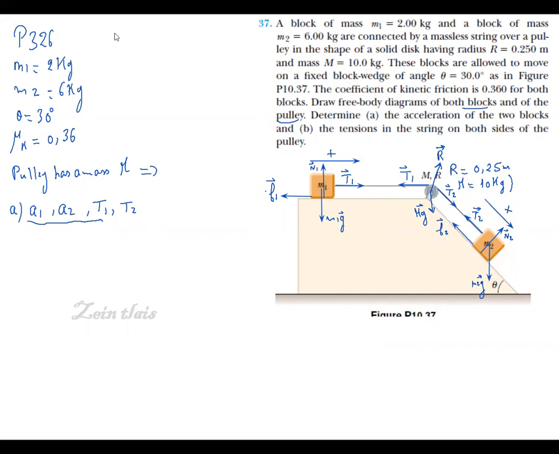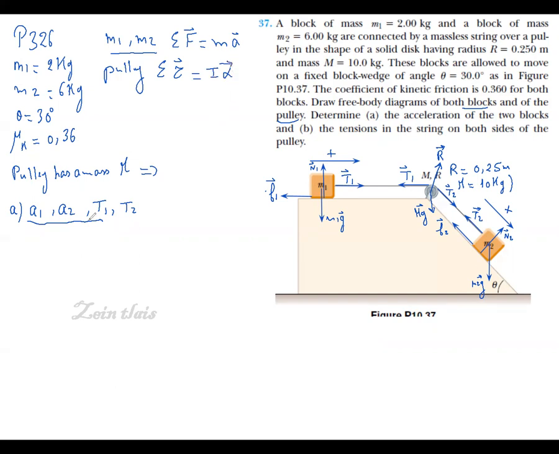In the case of M1 and M2, we have a linear motion, so we have to apply Newton's law. In the case of the pulley, we have a rotational motion, so we have to apply summation of tau equals I times alpha.